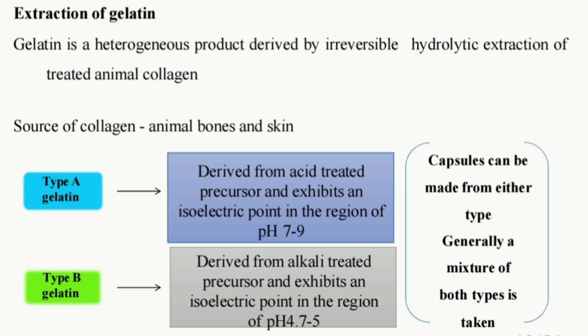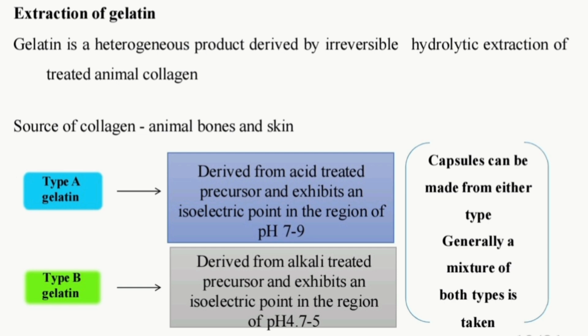This is the actual manufacturing process of the gelatin. First step is the extraction of gelatin. Gelatin is a heterogeneous product derived by the irreversible hydrolytic extraction of treated animal collagen, and the source of collagen is animal bones and skin. There are two types of gelatin, type A and B. A is derived from acid treated precursor and exhibits an isoelectric point in the region of pH 7 to 9.